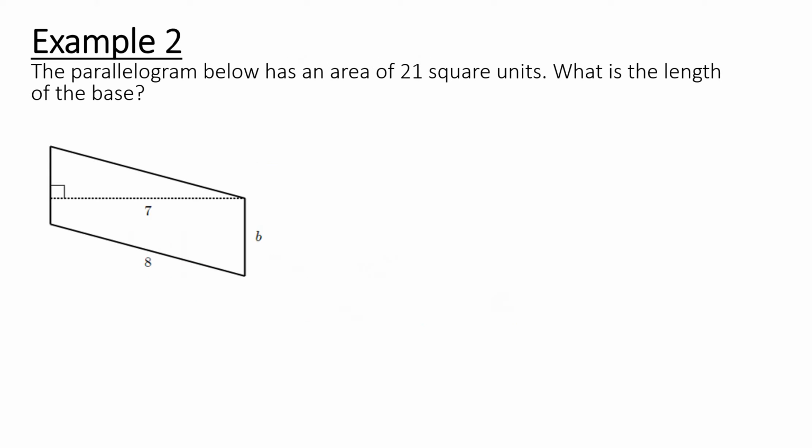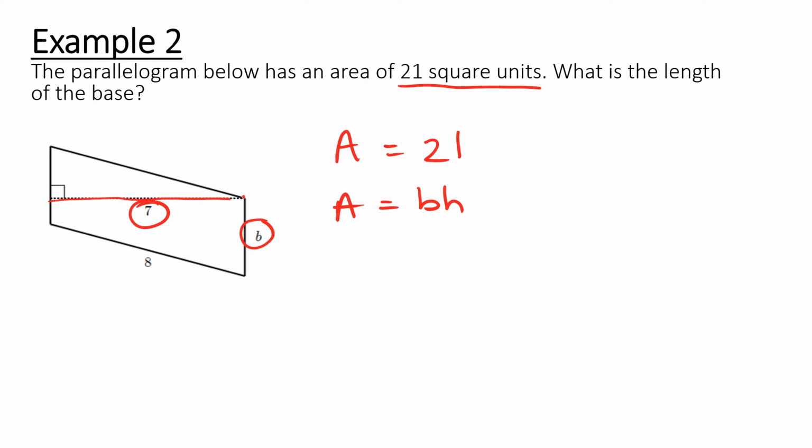Okay, in our second example, we are told that the parallelogram below has an area of 21 square units. Now we need to know the length of the base. Well, we know that the area, again, is base times height, and we know that the height is 7 in this case.